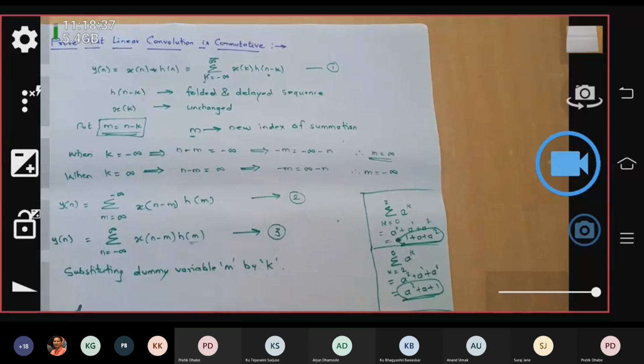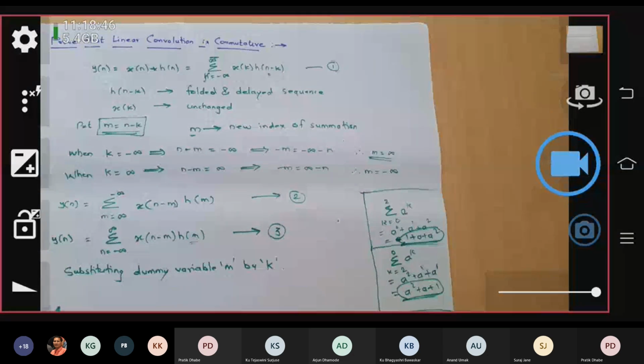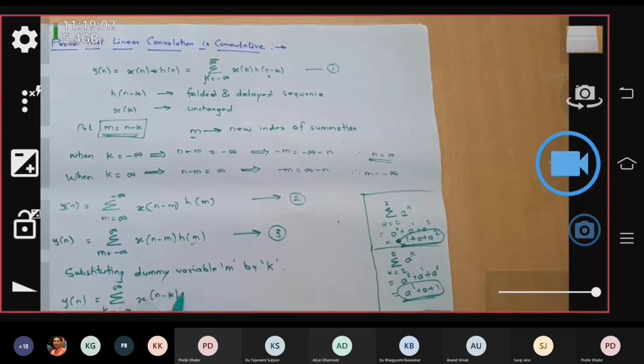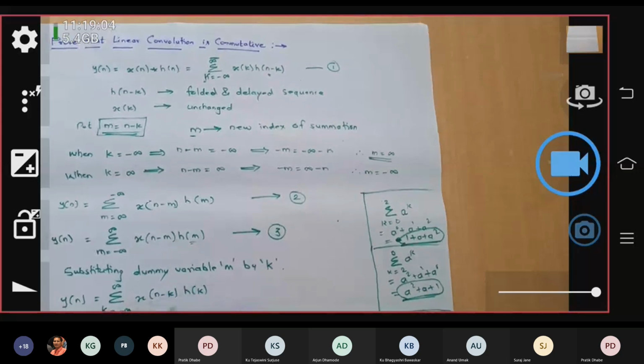What you will get when you substitute this? We'll get y of n equals summation, instead of m, I'm substituting k now. So this is k equals minus infinity to infinity of x of n minus k h of k.